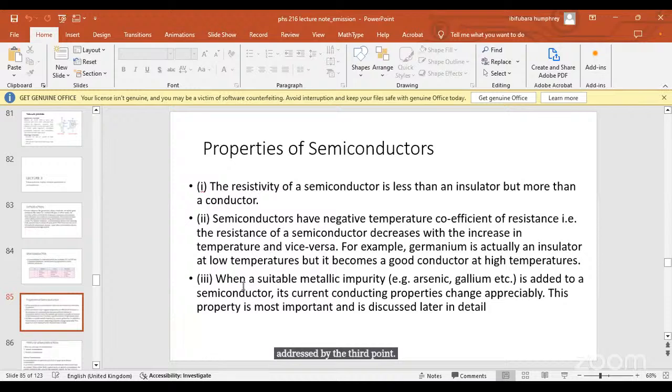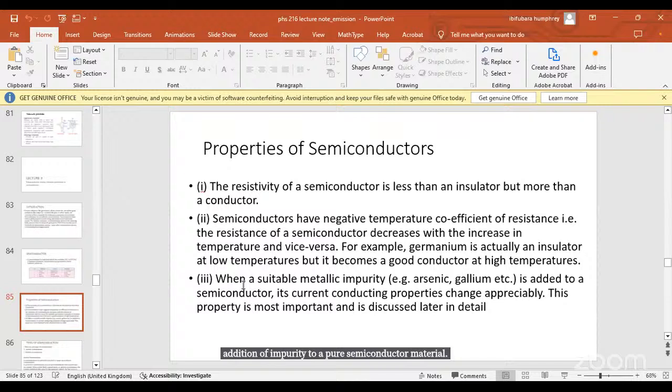Here, the third point is what we refer to as doping, that is, addition of impurity to a pure semiconductor material.